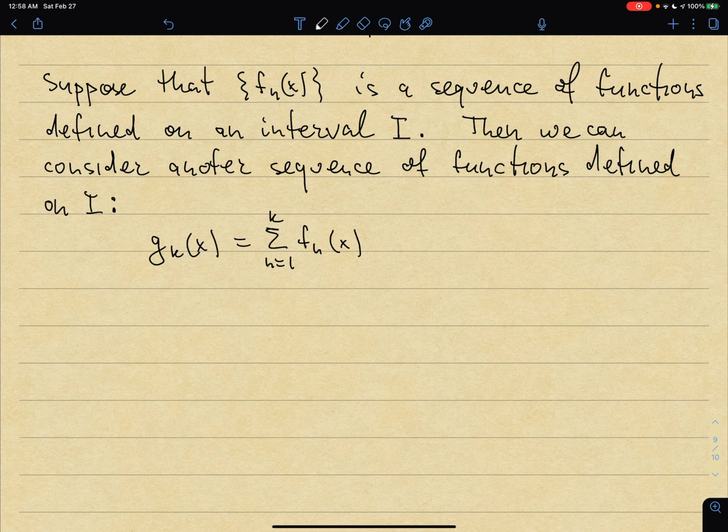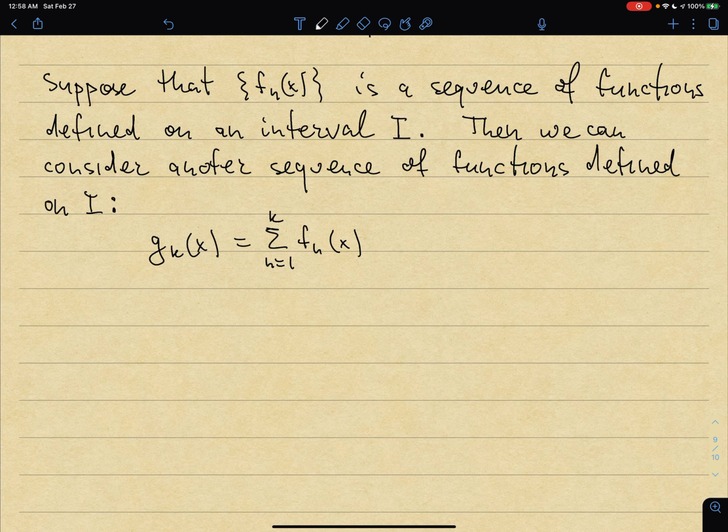Right, so if all functions fn of x are defined on I, then the sum of the first k functions like this is also well defined on I, so it has I as its domain. And so we got a sequence, right, because for each k, a function like this can be defined. So for larger k, you add more and more of these functions fn of x.